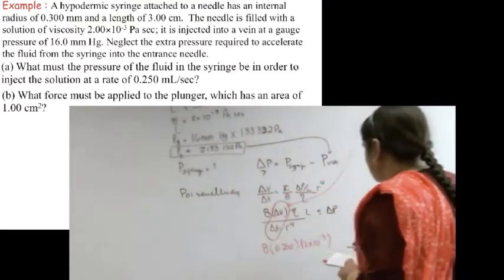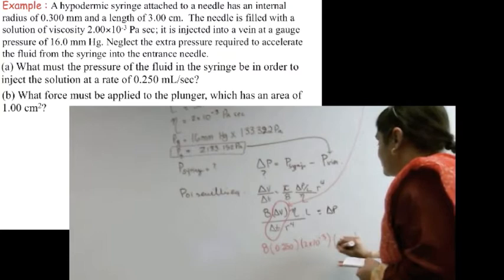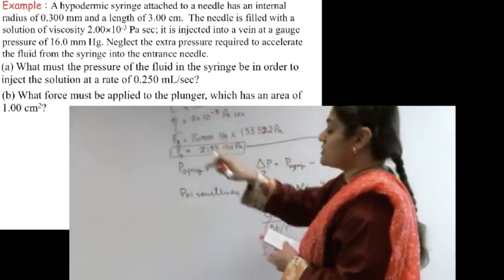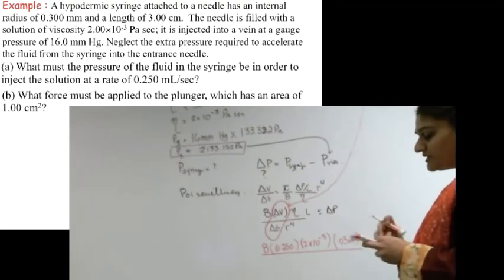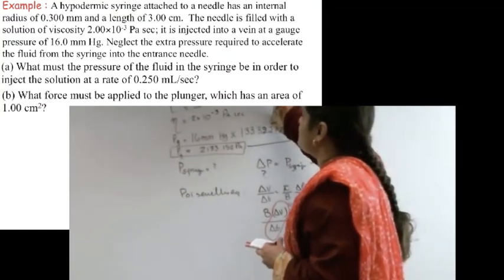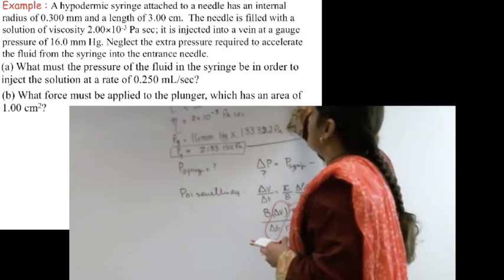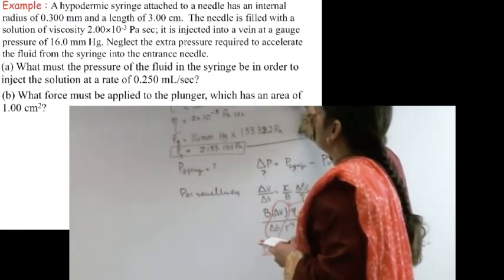meters, right? So I can plug that in, 0.03 meters, divided by the internal diameter squared, or actually 4 times, 4 cubed. So this is going to be 0.300 millimeters times 10 to the minus 4 in order to convert it, right, into meters.